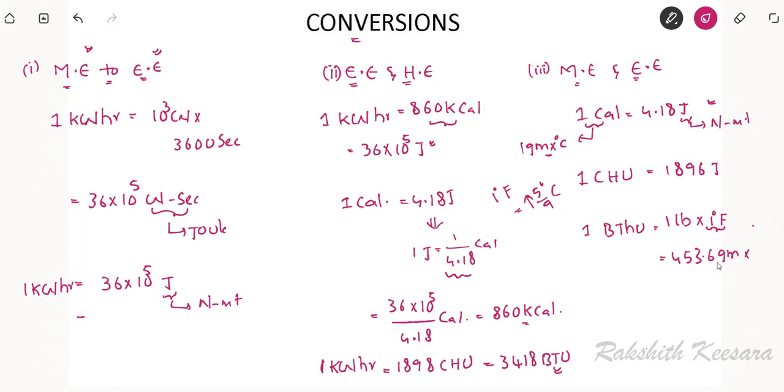So here I can write 453.6 into 5 by 9 degrees Celsius, and gram into degree Celsius is nothing but 1 calorie. So I can write this as 453.6 into 5 by 9, and 1 calorie is nothing but 4.18 joule. From this the answer will be 1053 joules, and a joule is nothing but Newton meter.